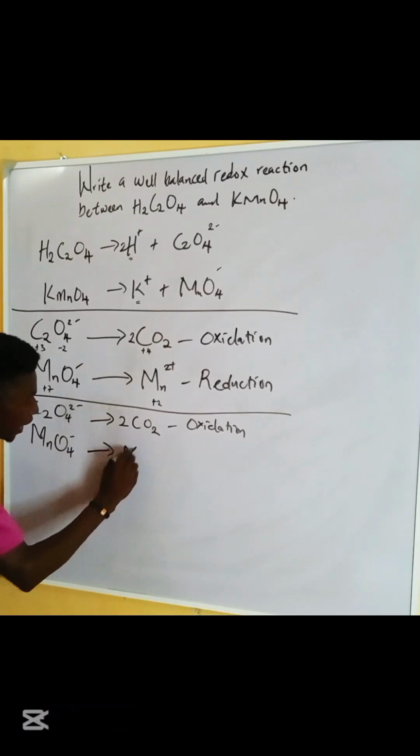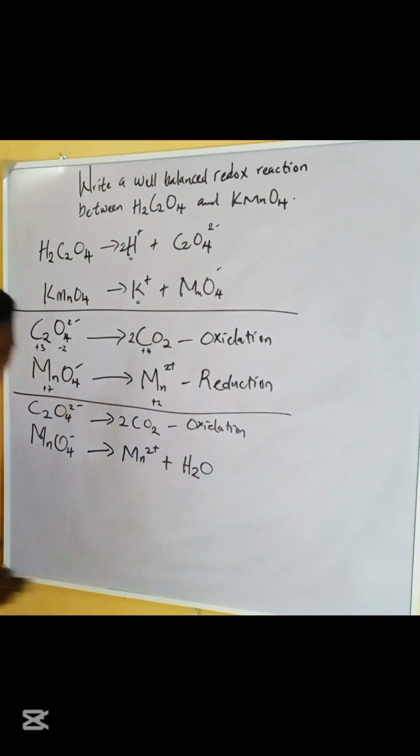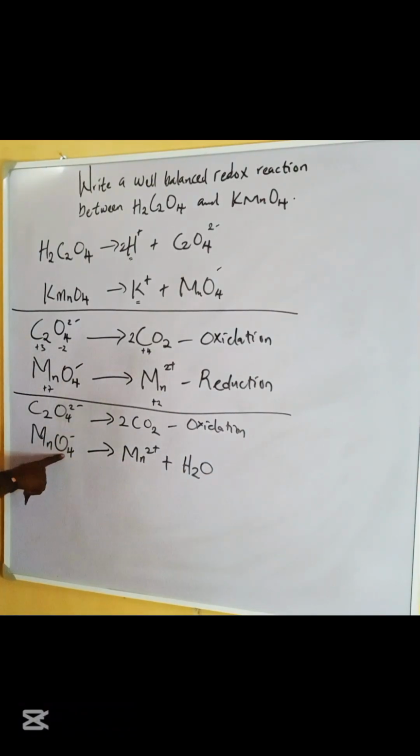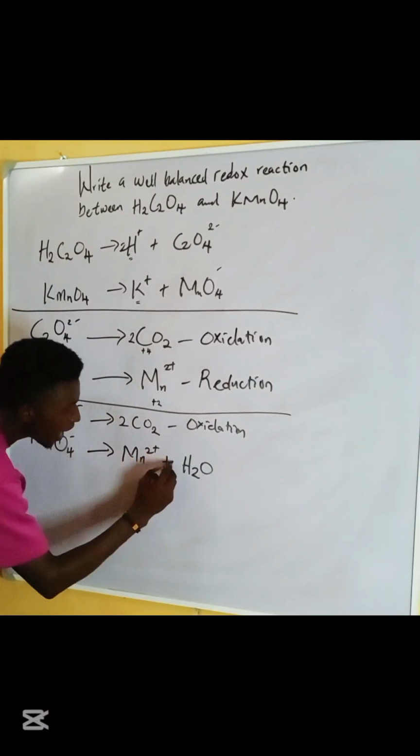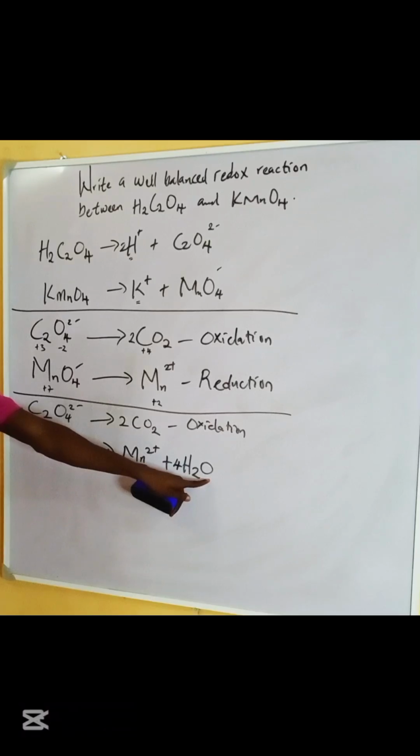So to have Mn2 plus and H2O. Do you see that now? So we've introduced oxygen. Now, how many atoms of oxygen do I have here? I have 4. So because of that, I'm going to add 4 here. 4 oxygen. Is that clear?